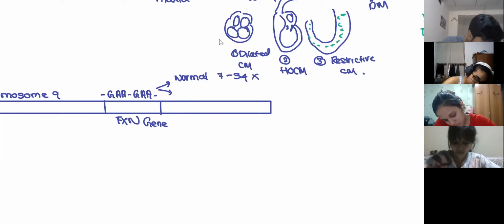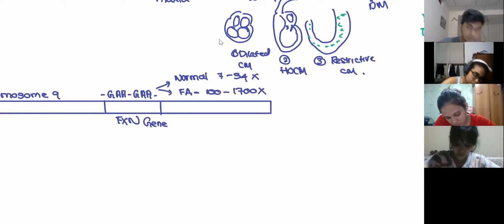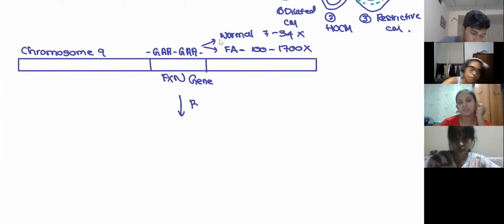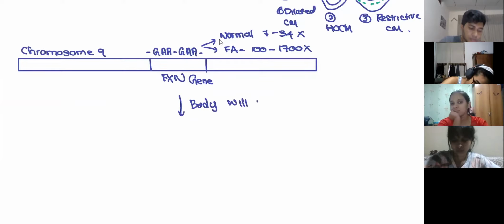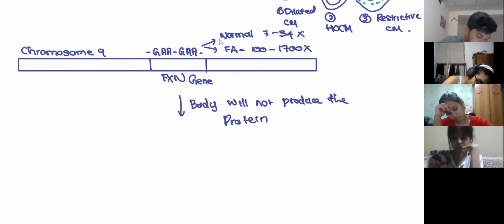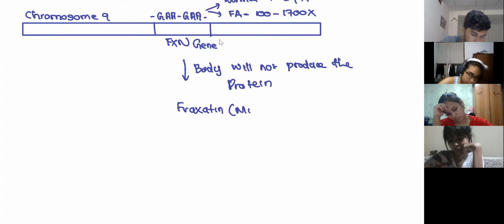But in Friedreich's ataxia, it is repeated 100 to 1700 times. Okay, and when that happens, the body will not produce the protein. Okay, and this protein is called frataxin. Okay, it's a mitochondrial protein.